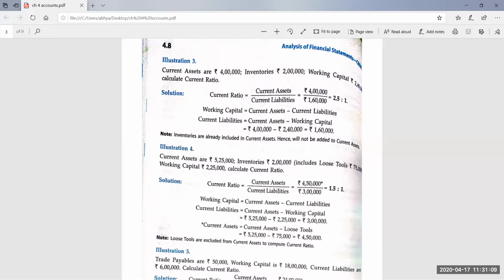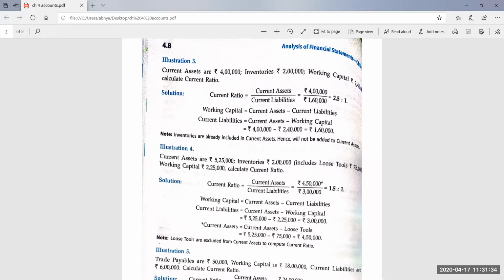Actually, the current assets are 5,25,000. You will be not deducting loose tool here. You will be deducting the loose tool when you are going to put the current asset in formula. I think most of you have committed this mistake. Okay, so 5,25,000 minus 2,25,000, which is the working capital. So the current liabilities are 3 lakh.